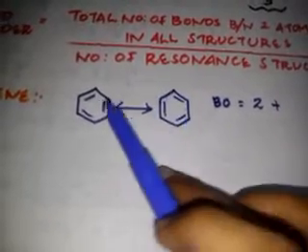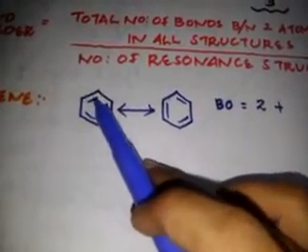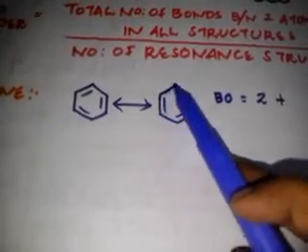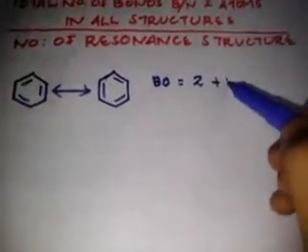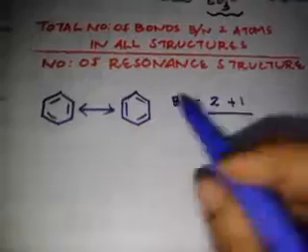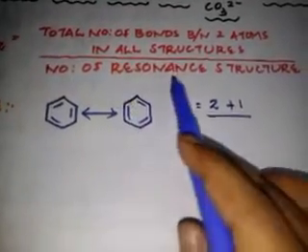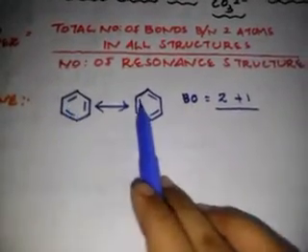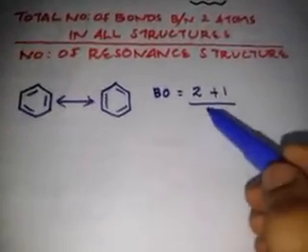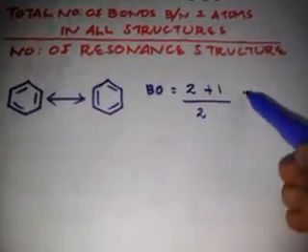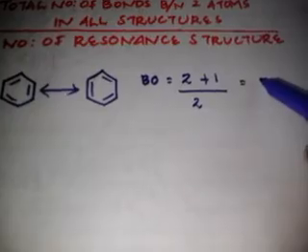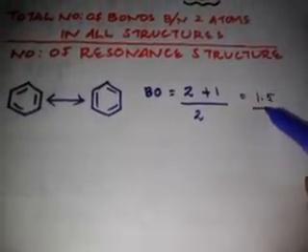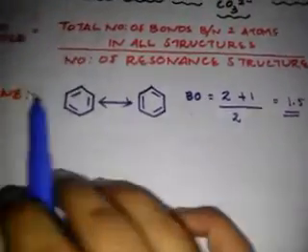Here there were 2 bonds, here only one bond. So 2 plus 1, divided by the total number of resonance structures. The number of resonance structures is 2. So 2 plus 1 divided by 2 is equal to 3 by 2, that is 1.5. So the bond order of benzene is 1.5.